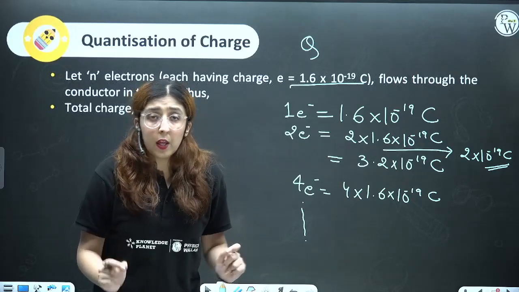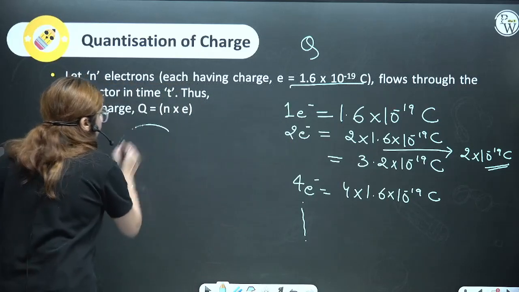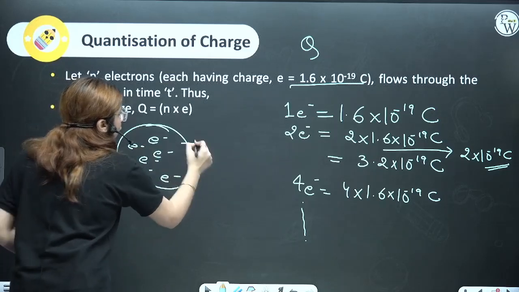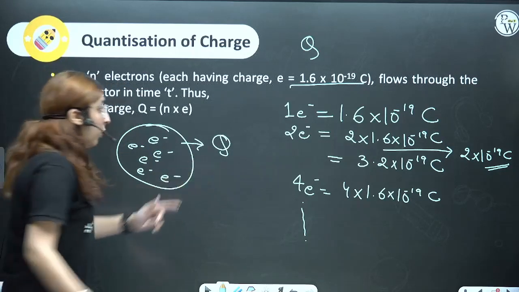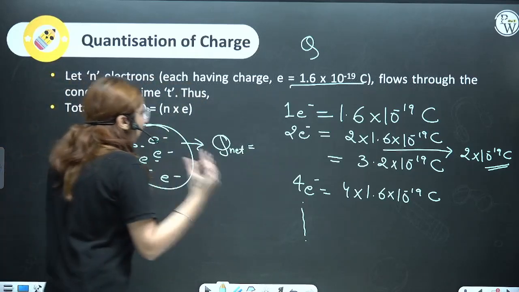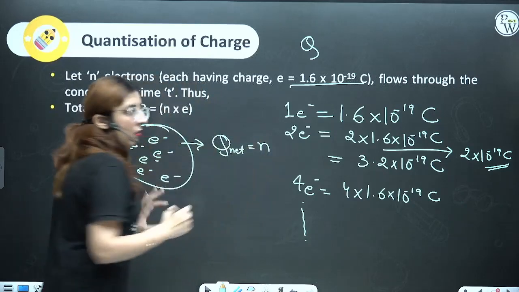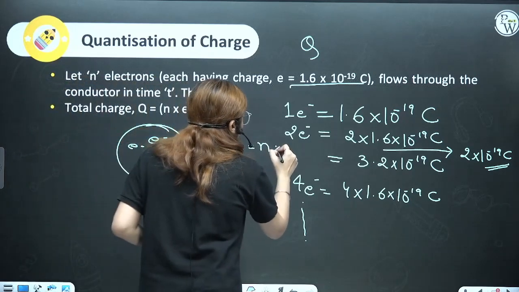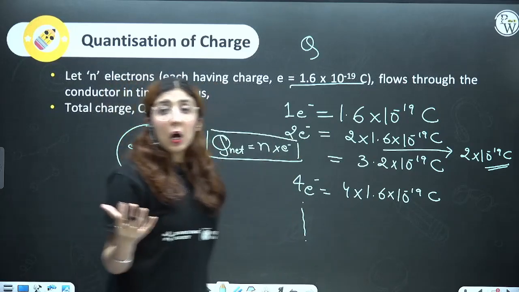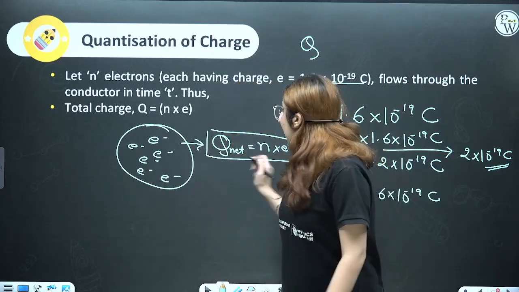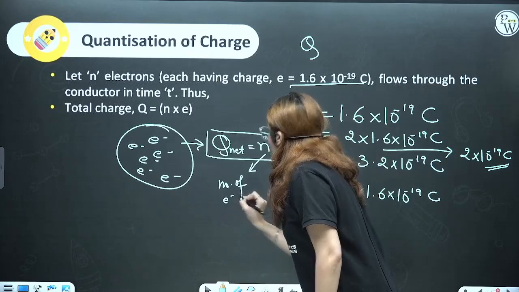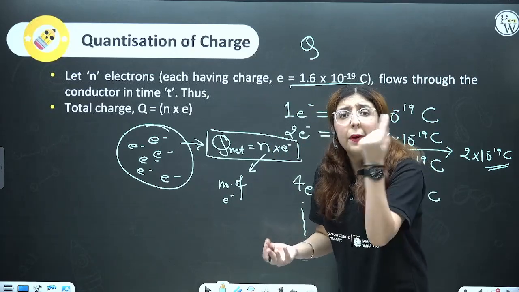So if I have a body with a lot of electrons and I want to talk about the total charge, Q net, in a simple manner you take out the number of electrons and multiply it with the charge of 1 electron. That's it. So the formula will turn out to be Q is equals to Ne. N is the number of electrons and e is nothing but the charge on a particular electron.